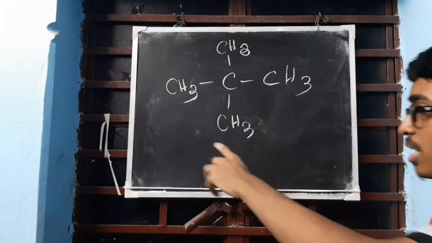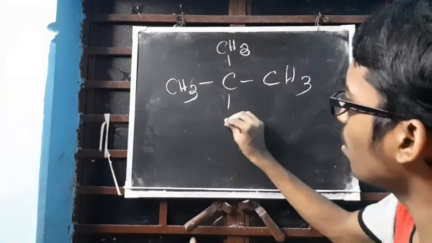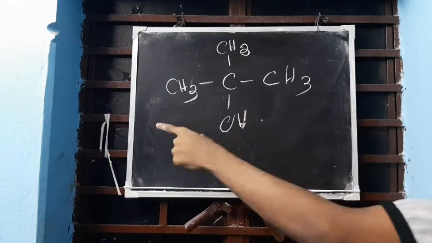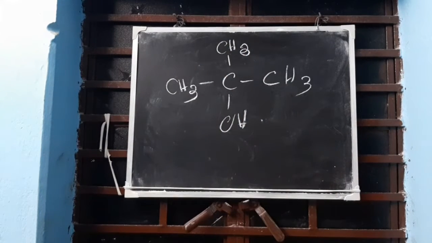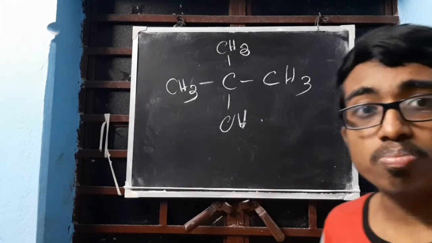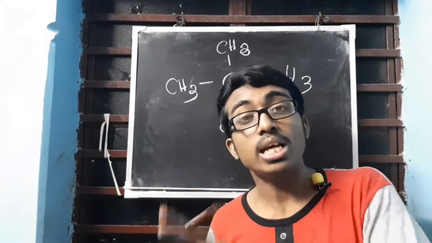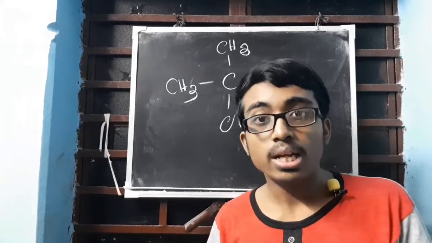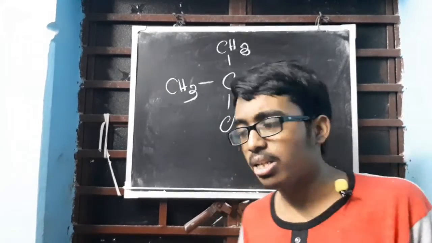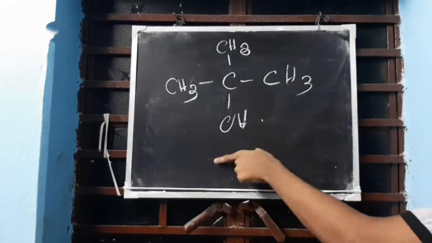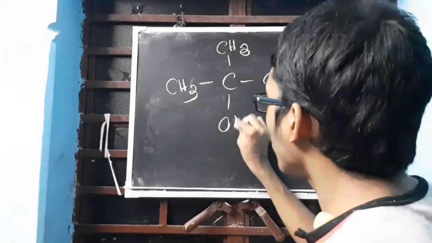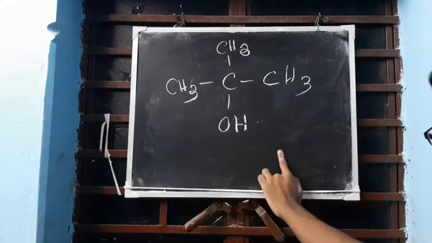Here, instead of CH3, if I add OH over here, then which carbon chain will you take? This one? No, you cannot take that carbon chain. Whenever there is a functional group present, the main chain will be the carbon chain that contains the functional group. Here, instead of CH3, I have put OH. OH is what? Alcohol.